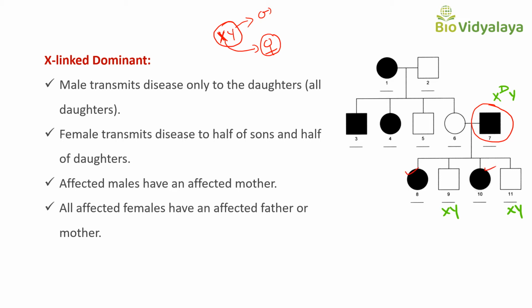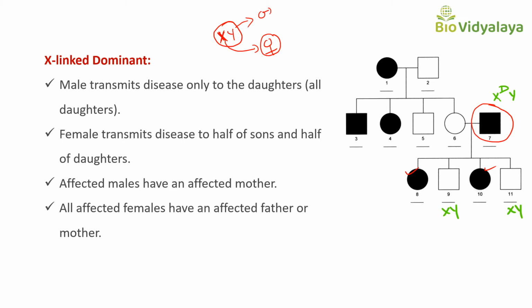Okay. Next condition, female transmit disease to half of sons and half of daughters. We know that female transfer her X chromosome to both her son and her daughters.